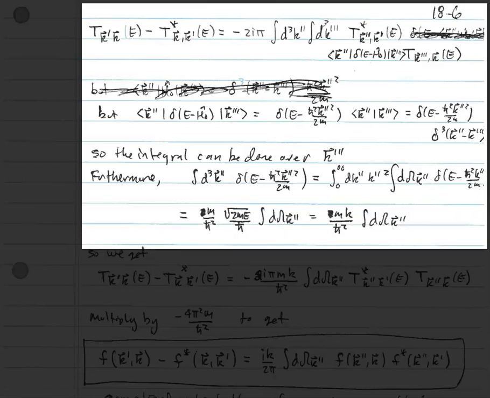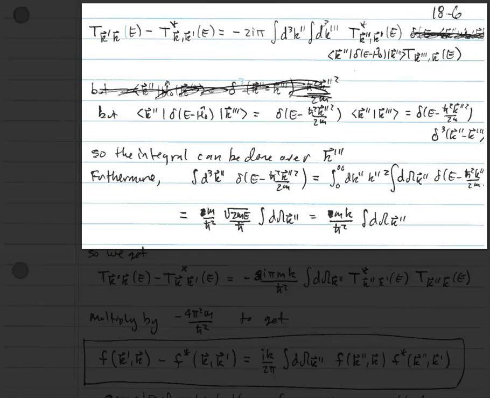The radial integral can be done exactly. You just have to remember that when I have a function inside the delta function, I have to divide by the derivative, which means I have to divide by h bar squared k over 2m. The k is going to be replaced by the square root of 2m e over h bar squared, or square root of 2m e over h bar.